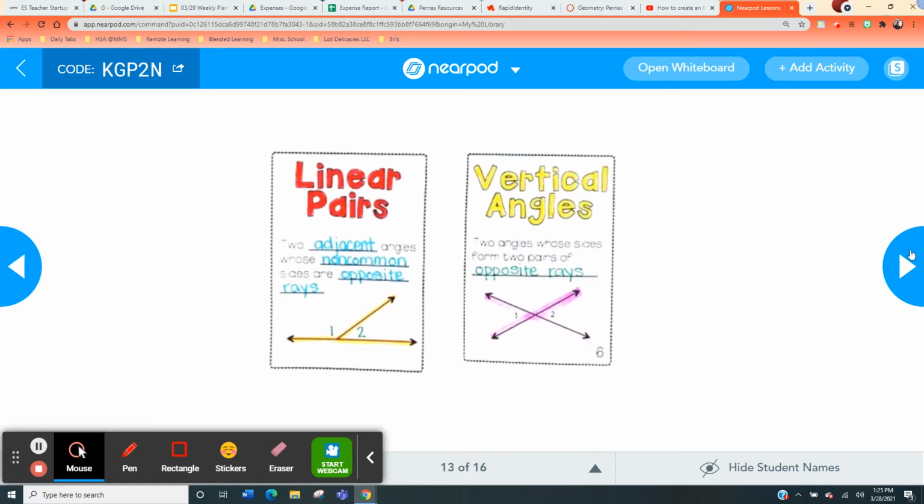Linear pairs, and we aren't going to be focusing on linear pairs so much, but they are two adjacent angles whose non-common sides are opposite rays. Vertical angles: two angles whose sides form two pairs of opposite rays.